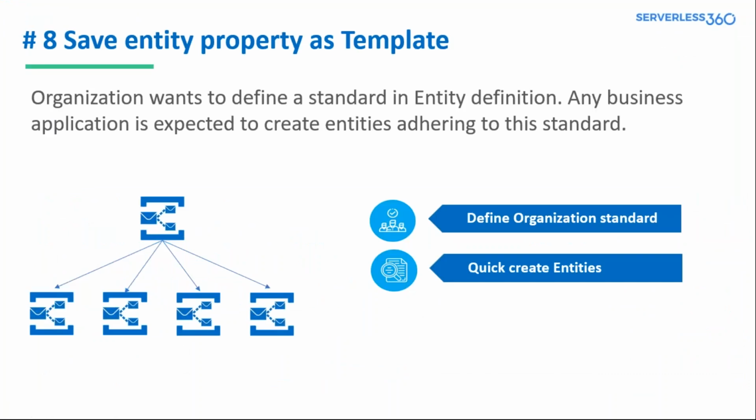Gem number 8 is an ability to save entity properties as a template. Consider an organization where they want to define a standard in the entity definition. Say, any queue within any application in this organization is expected to adhere to certain standards.